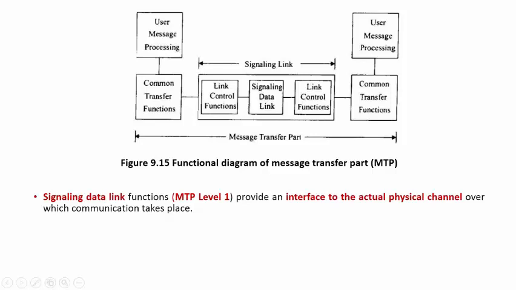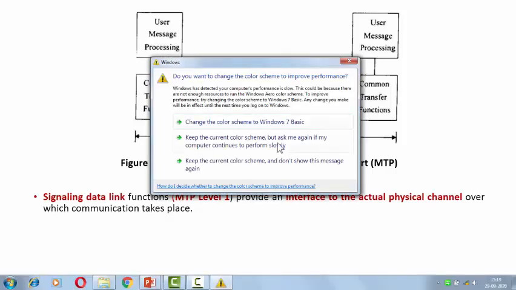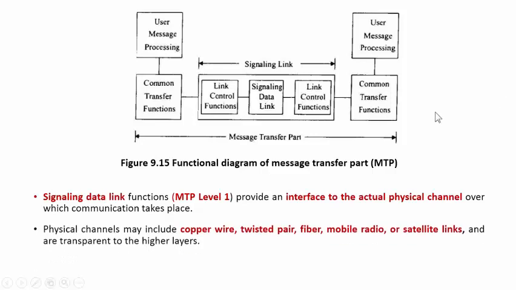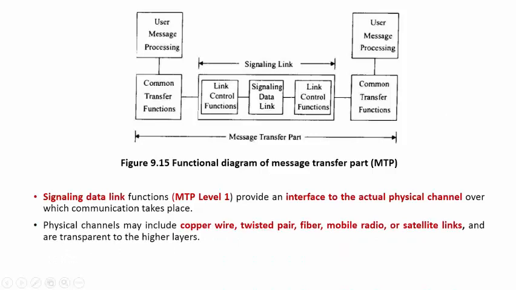Out of these blocks, the signaling data link function in MTP level 1 provides the interface to the actual physical channel over which the communication takes place. So MTP level 1 is compared with the physical layer of the OSI model, where all kinds of transmission media, different connection types, ports, and standards are given.